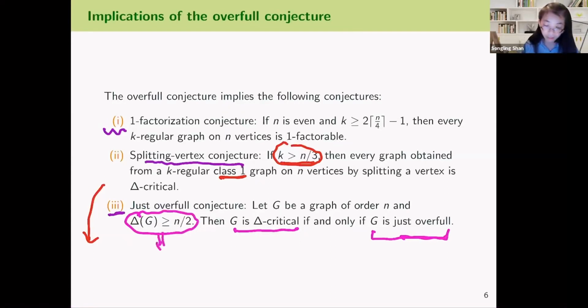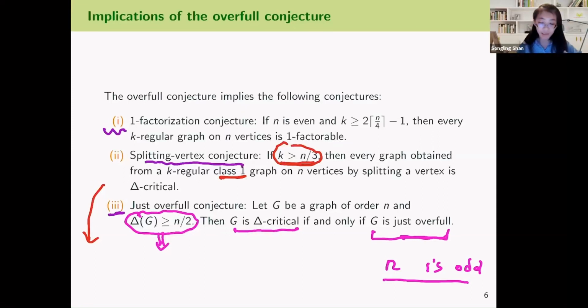By this degree condition, you can really calculate this. G is just overfull, which implies the order of G is odd. So with this degree condition and the condition that n is odd, you can show that under this case, G is the only possible Δ-overfull subgraph of G, which consequently implies that G is Δ-critical.